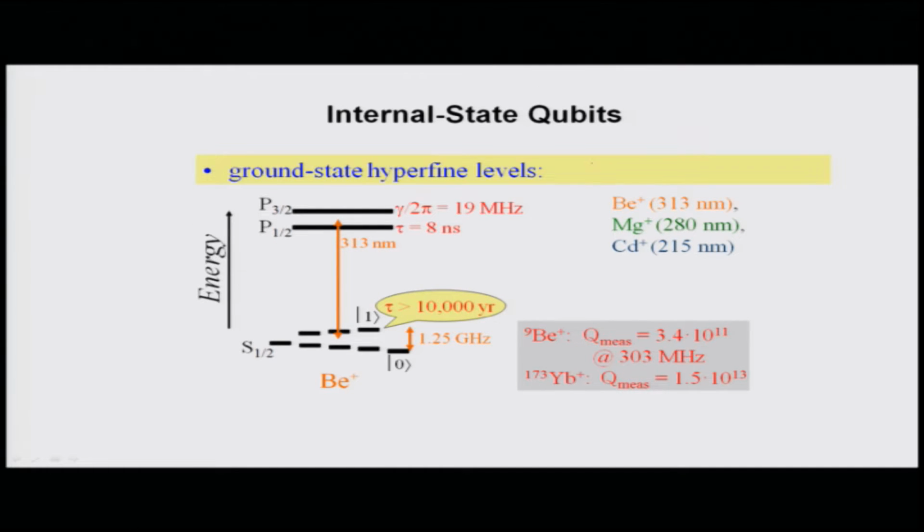Also, there are many of them which have hyperfine ground state levels, which are very long lived, and that is another place where the addressability of these states has been achieved by using RF, megahertz or gigahertz pulses, radiation which can address these states.